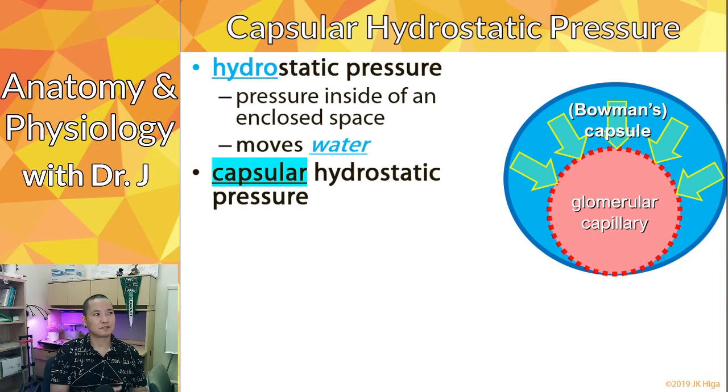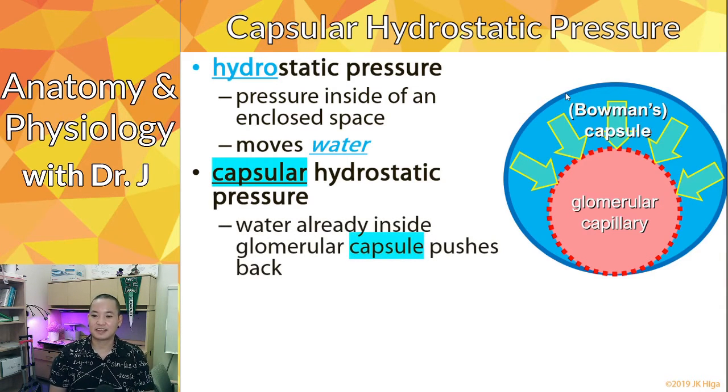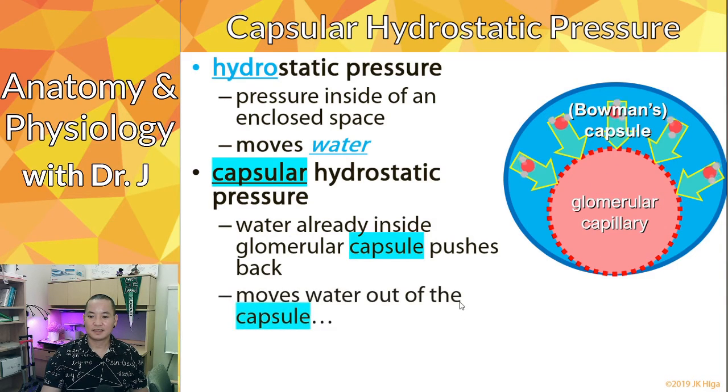Or similarly, if you remember preload and afterload, it's kind of like afterload but at the nephron. So whatever water is already inside the capsule is going to push back and oppose the forces trying to move water from the glomerulus into the capsule.